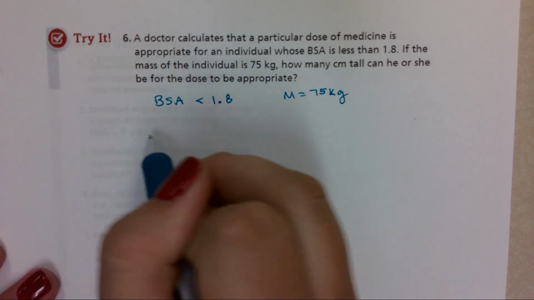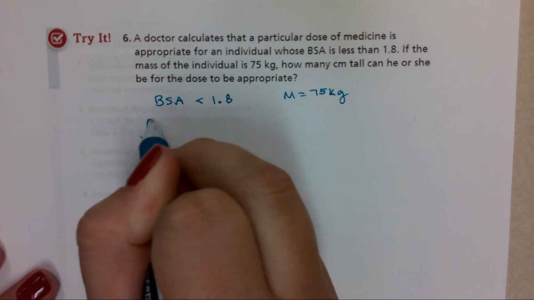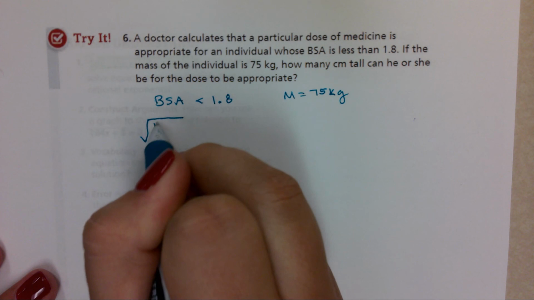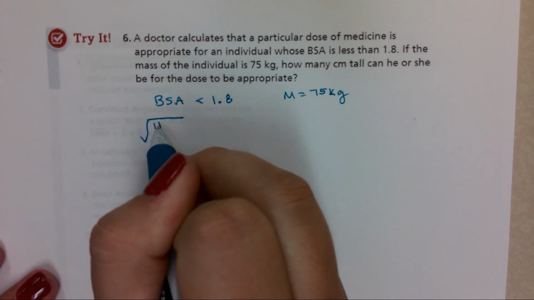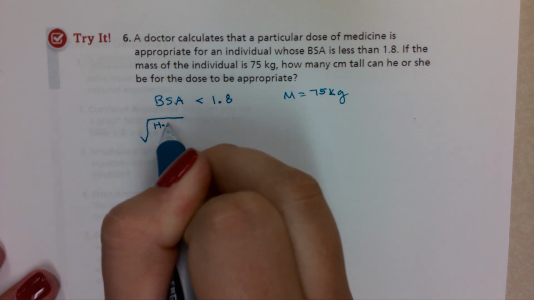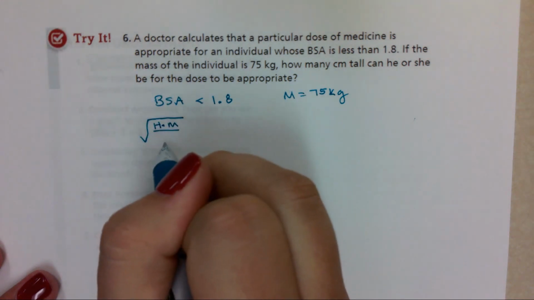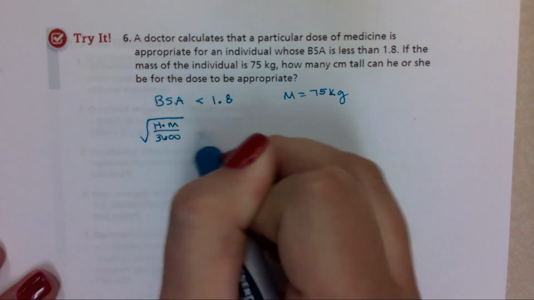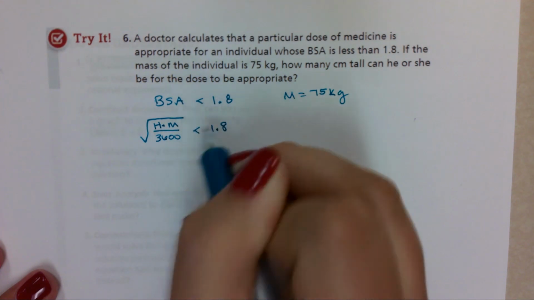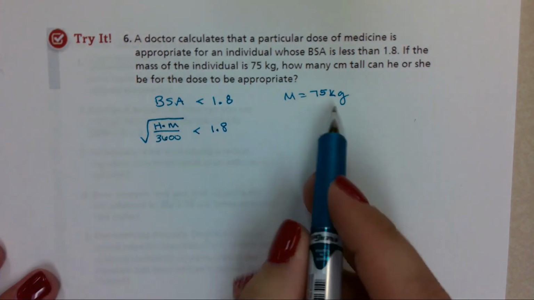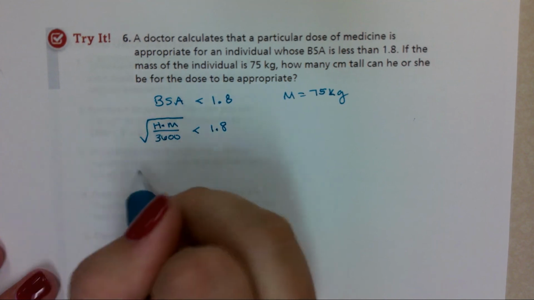Okay, so again, here's our formula. Square root of h times m divided by 3600, this time less than 1.8. And this time they're giving us mass and we're being asked to solve for height.